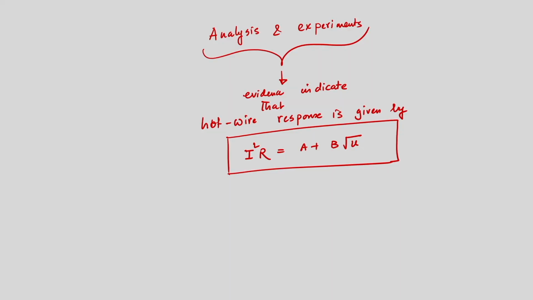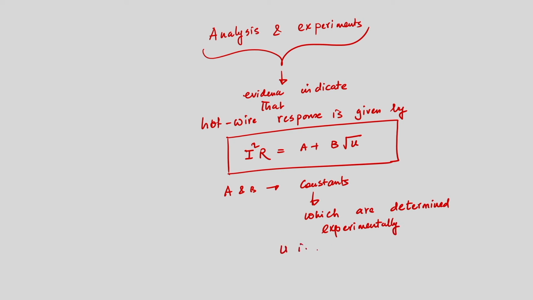So, that is related with the flow velocity by this response, that is I square R is equal to A plus B root u, where A and B are constants which are determined experimentally, and u is the component of flow velocity normal to the probe, or rather normal to the hot wire.